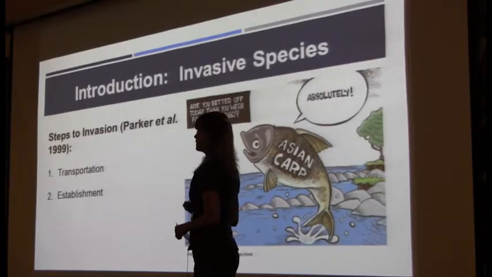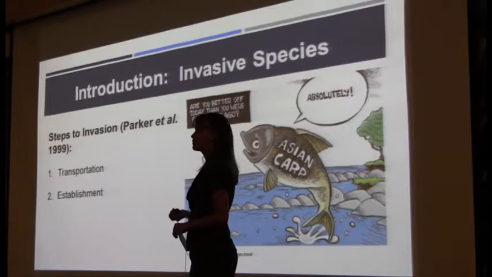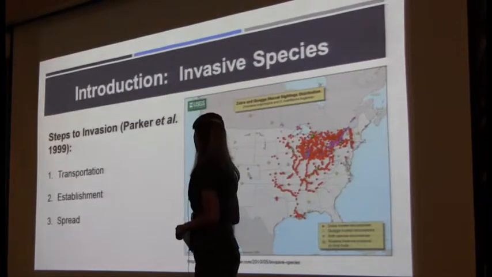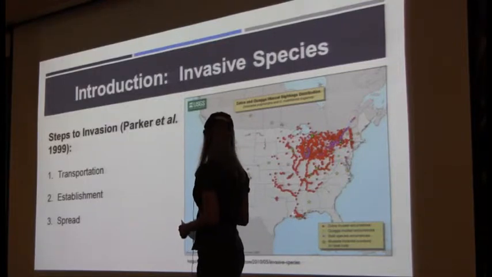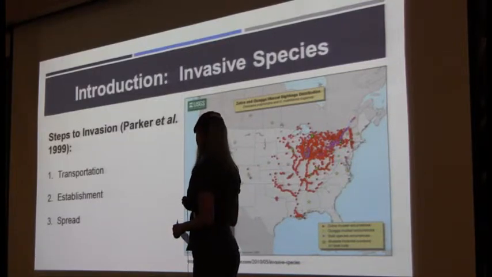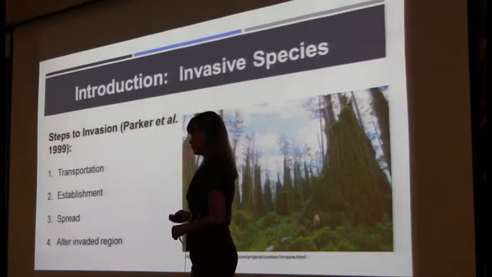Second, it must establish in the new region by growing and surviving under the new environmental conditions. Then it must continue to populate and spread in new regions. Fourth, it must alter the invaded region.